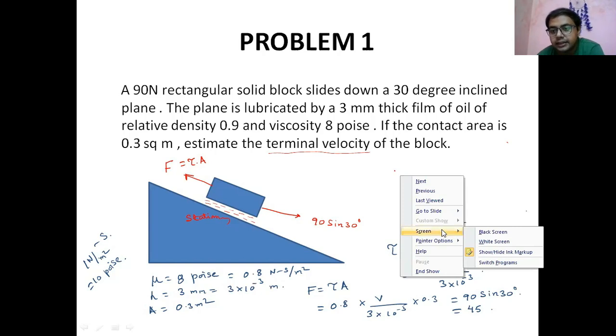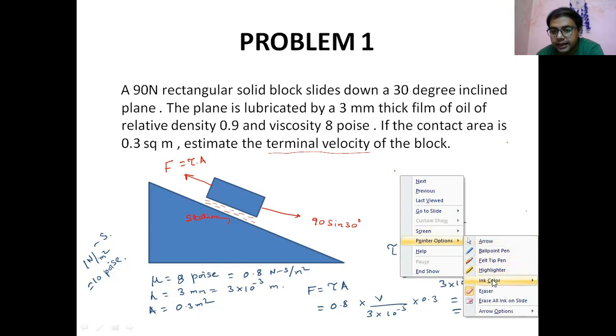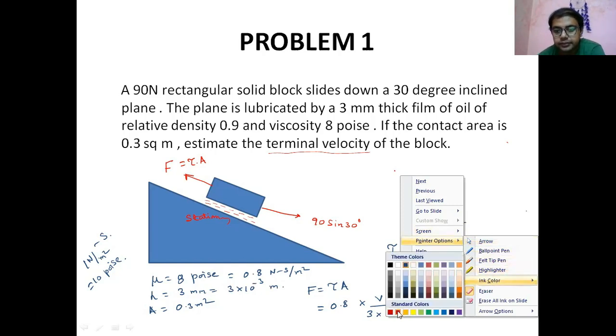So 90 sine 30 is equal to the shear force acting here.